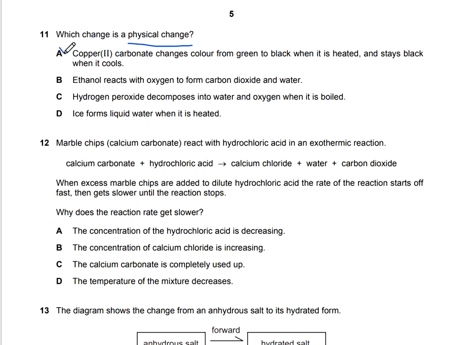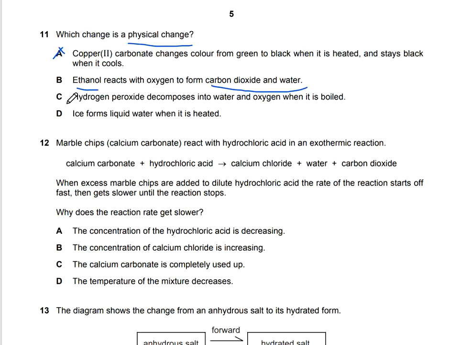So letter A is not the correct answer. Ethanol reacts with oxygen to form carbon dioxide and water. So ethanol is the reactant, and carbon dioxide and water will become the result, and therefore it did not go back to the original state of the compound.